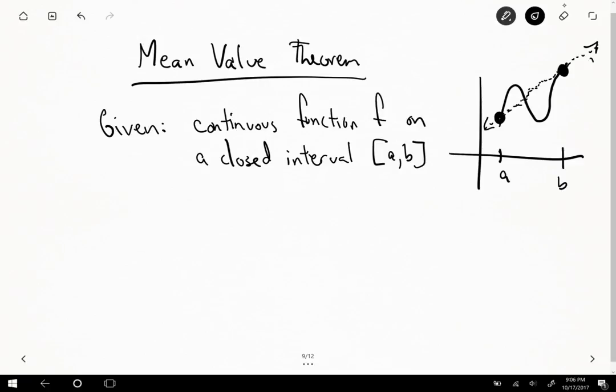If this is f of x, that means that this point right here is f of b, and this point, when we take a on up and cross it over, that has to be f of a.